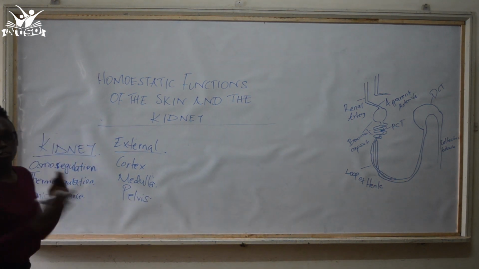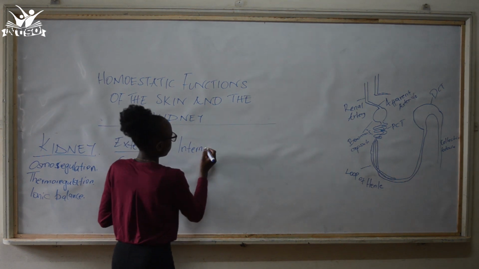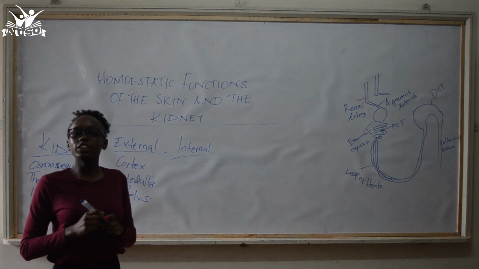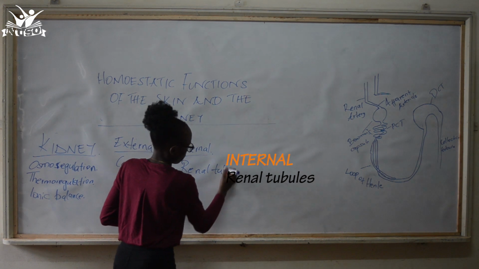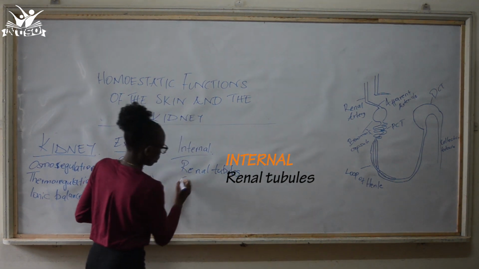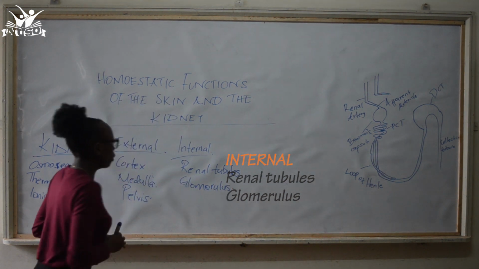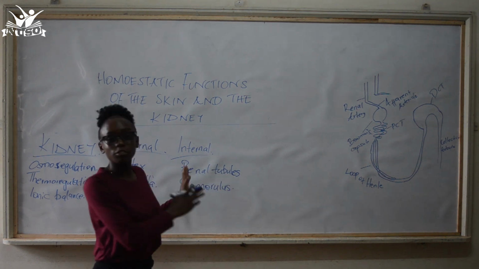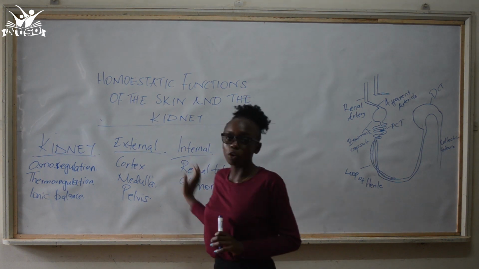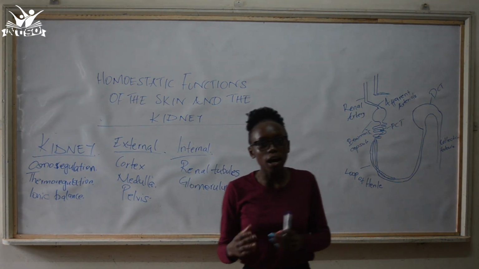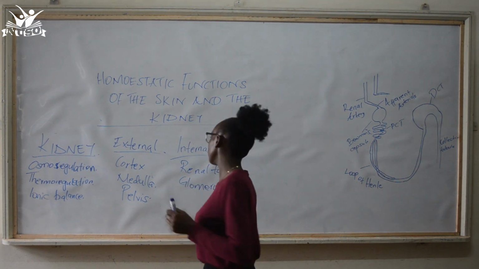The internal part of the kidney contains renal tubules and the glomerulus. Now, this internal part of the kidney makes it possible for the homeostatic functions of the kidney to occur, and these processes lead to the formation of urine. Now let us look at the urine formation process.